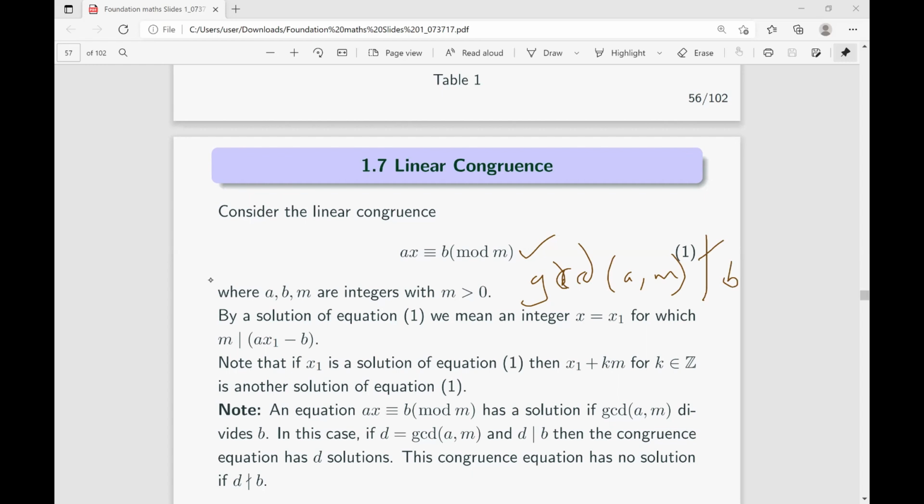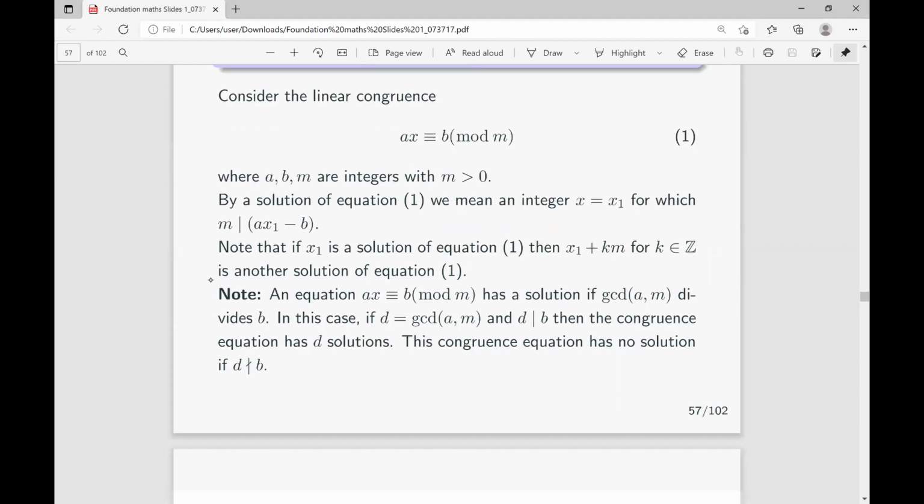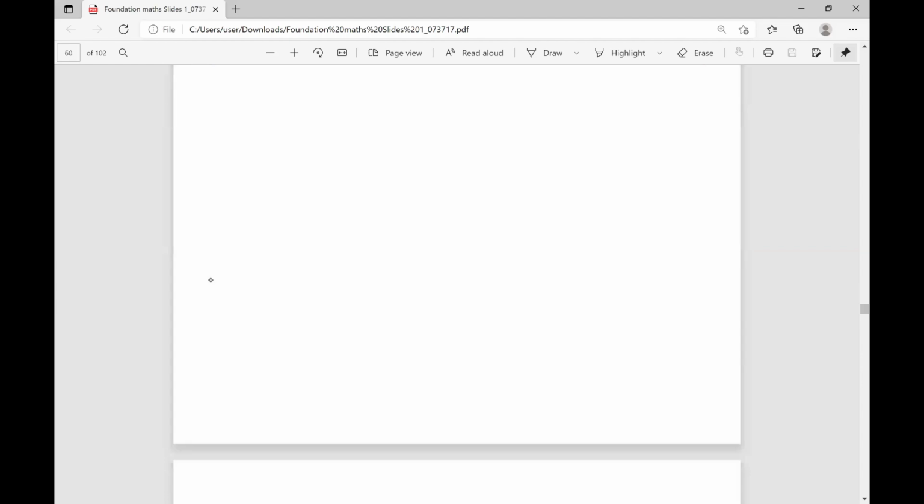Is that okay? If the GCD of A and M does not divide B, then this equation has no solution. And so that is what we'll be doing. I want to look at the first example. The first example is here. Just a minute.